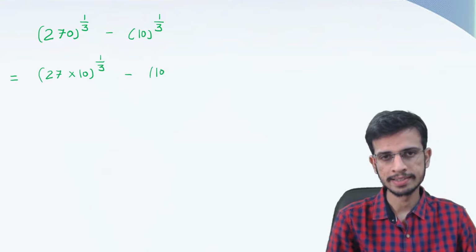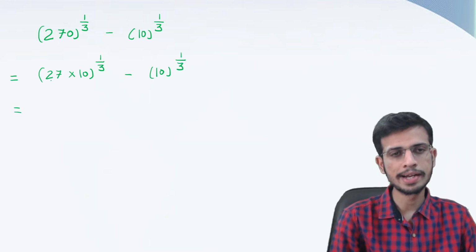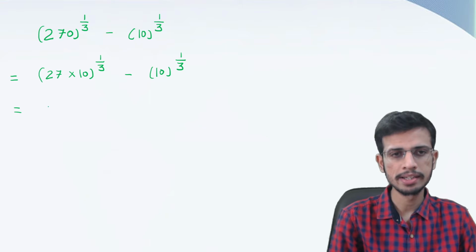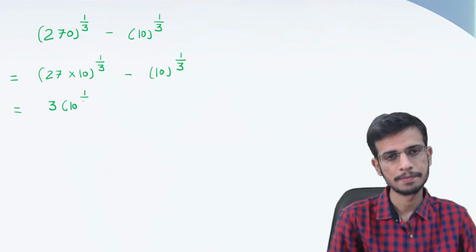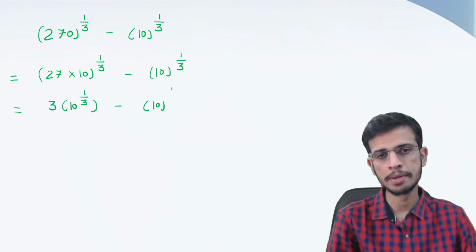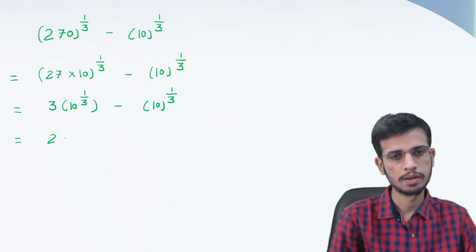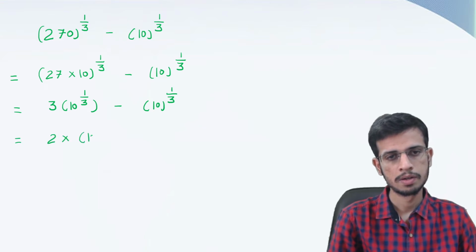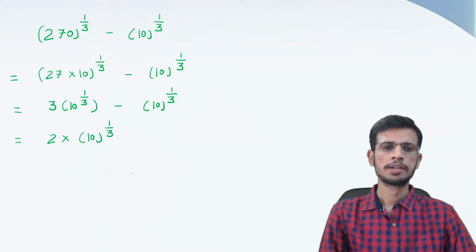We'll keep this as it is. So 27 raised to 1 by 3 will become 3. So 3 times this minus 1 times this, so it will become 2 times 10 raised to 1 by 3. That is quantity A.